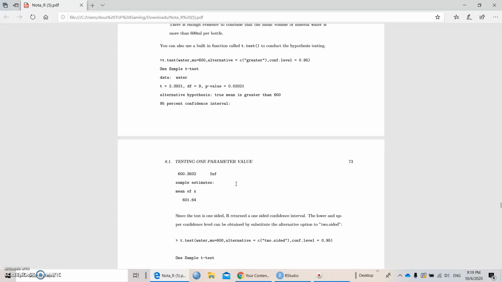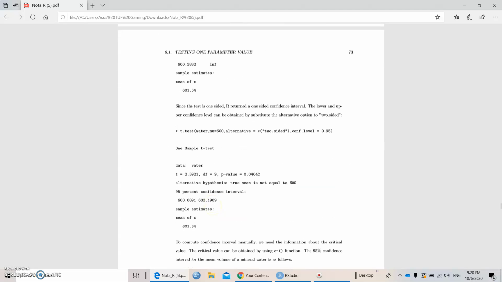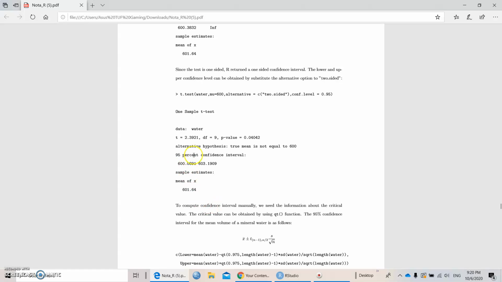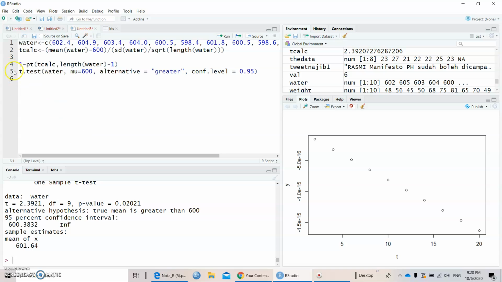If you want to get the lower and upper limit of the 95% confidence interval, you can copy this, paste, and instead of greater, change it to two-sided, so that it will return the lower and upper limit.